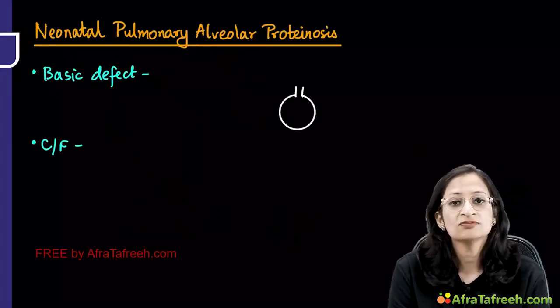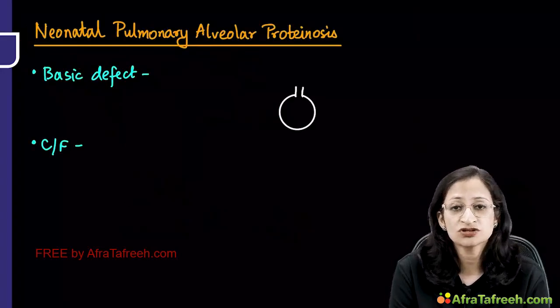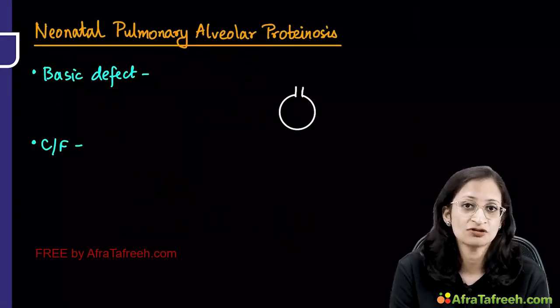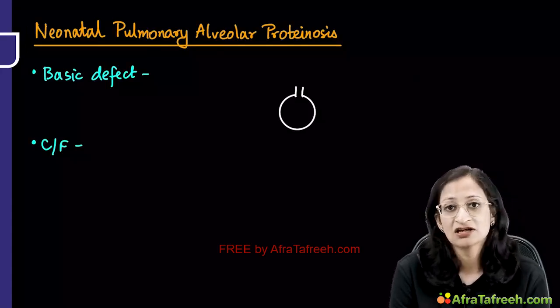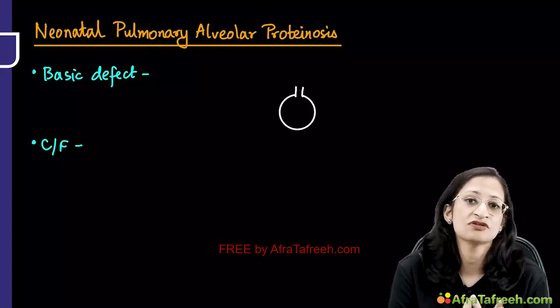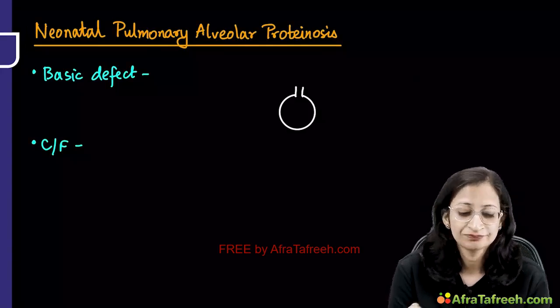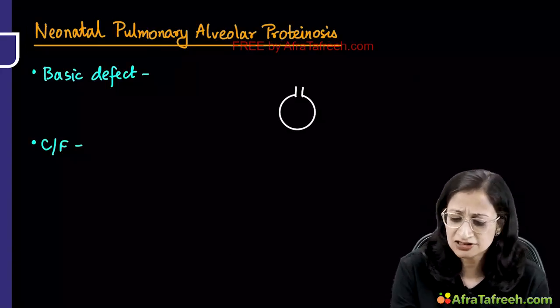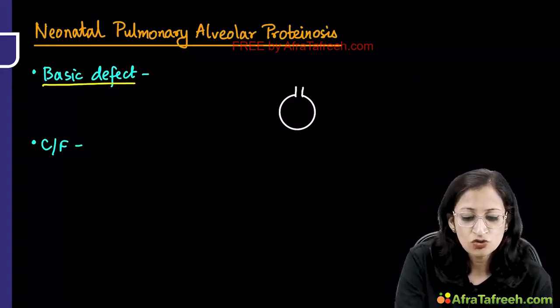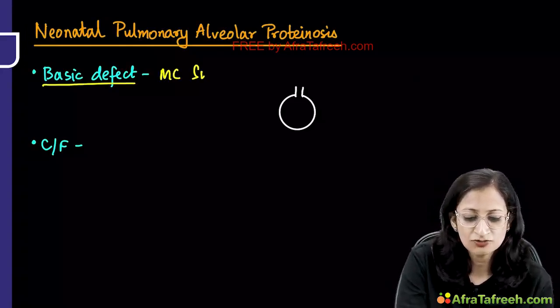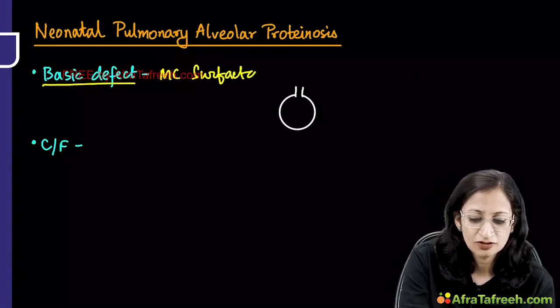Now moving on to a little bit about neonatal pulmonary alveolar proteinosis, which has a clinical picture similar to respiratory distress syndrome, but there are some differences, and this has come multiple times in your previous AIIMS pattern questions. Okay, so here the basic defect is usually in one of the surfactant proteins. Most commonly the basic defect is in surfactant protein B. Okay.